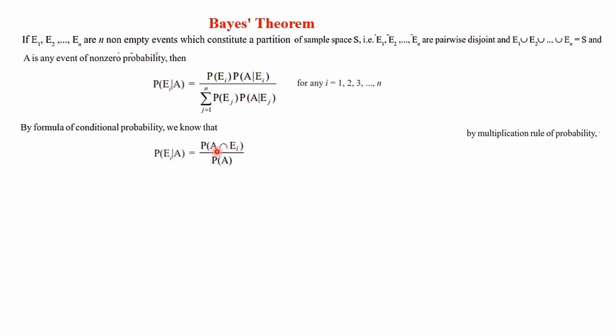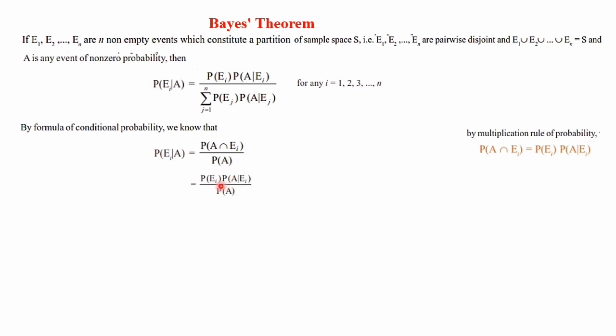Then this multiplication theorem we can use and change this part. By the multiplication rule of probability, P of A intersection Ei is equal to P of Ei into P of A given Ei. So just substitute here, that is P of Ei into P of A given Ei divided by P of A.